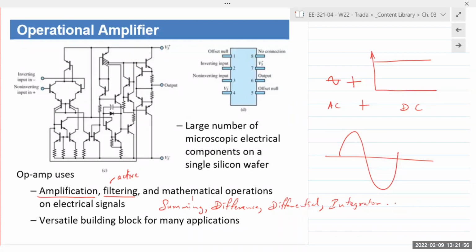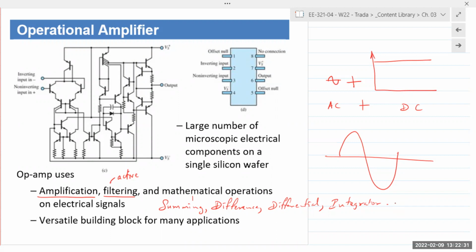Integration is basically the incoming signal, you're just integrating between the limits of the time period. Frequency is if the incoming signal frequency is varied, meaning it's going very high or very low. Depending on that, you can use it as a low pass filter. So again, depending on what kind of analysis you want, what kind of application you want, the same circuit can perform more than one function.